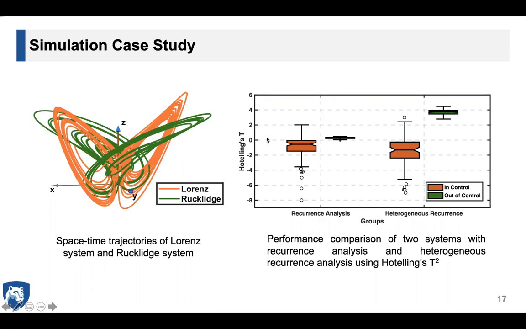As we can see on the right side, the heterogeneous recurrence quantification can capture the difference between those two systems. However, the traditional recurrence analysis focuses only on the homogeneous recurrence behavior, and it cannot capture the difference between the two systems because their ranges are very similar.